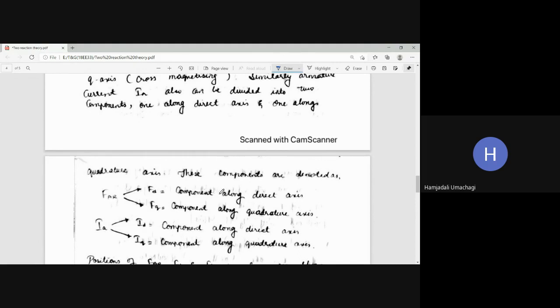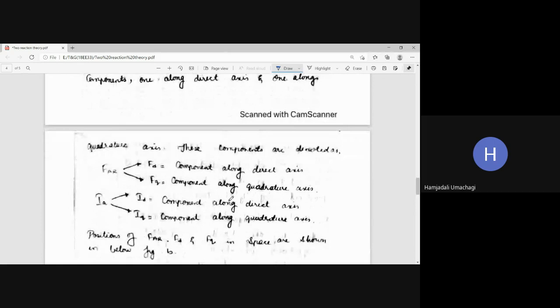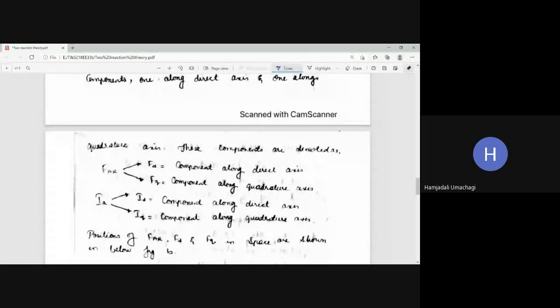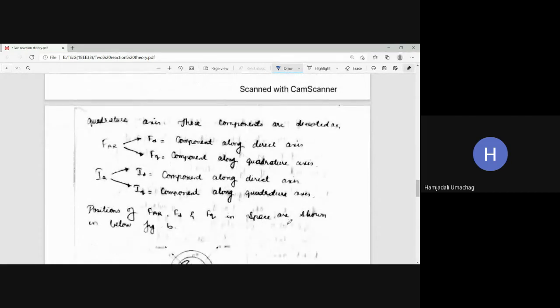Similarly, the same armature current is divided into two components, ID along the direct axis and IQ along the quadrature axis. Now we will represent all these things.